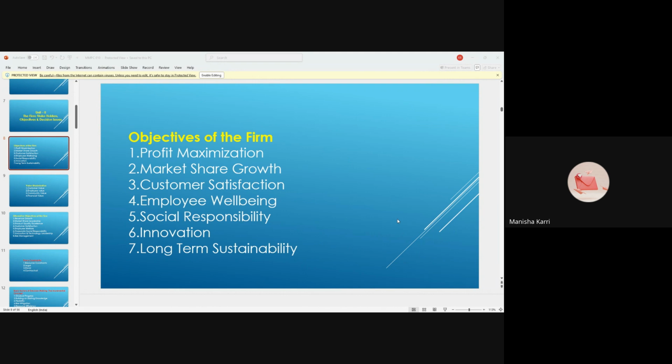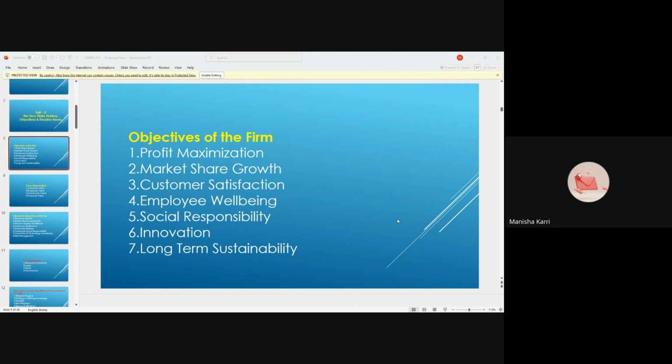Later, a very important one, customer satisfaction. Here, prioritizing customer satisfaction can lead to repeat business, positive word of mouth referrals, and long term loyalty. And the fourth one is employee well-being.